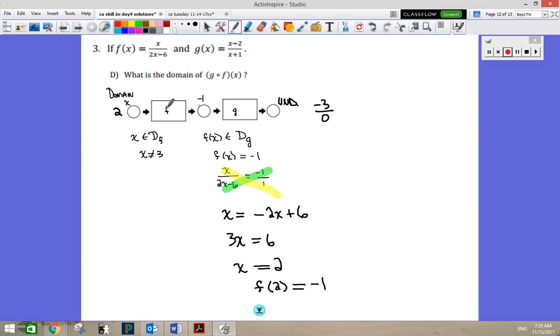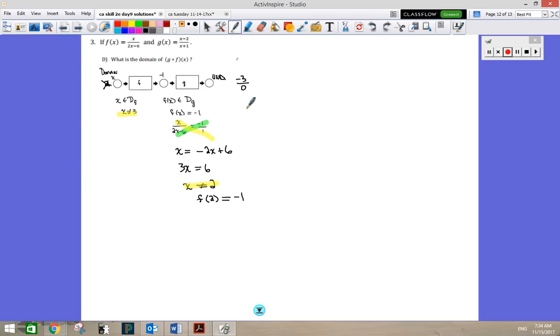So g yells at f, hey, don't do that to me, and f says, okay, I don't have a problem with the number 2, but my partner back here, if I accept this 2 in the domain, my output's going to be -1, and g can't handle that. So with these two ideas going on at the same time, x can't equal 3 and x can't equal 2, and that's the domain of this composition.